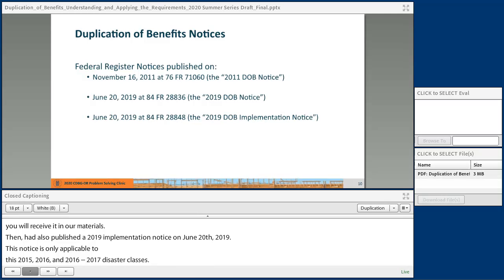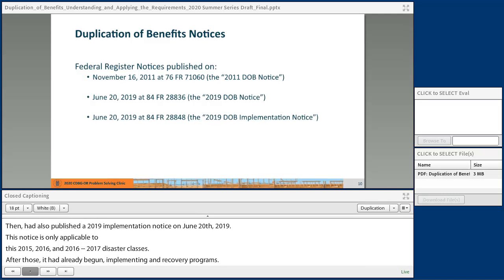So for our newer grantees, our 2018 and 2019 class, you don't have to worry about the implementation notice or the 2011 notice. Your notice is the 2019 DOB notice.